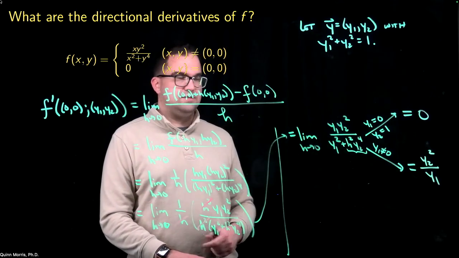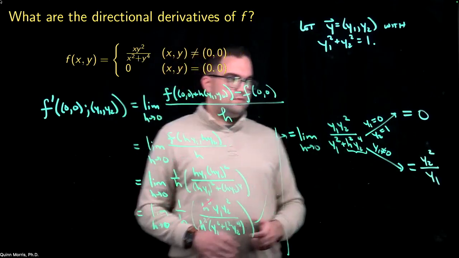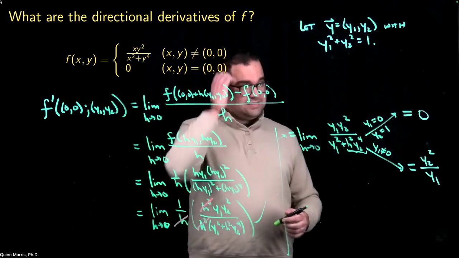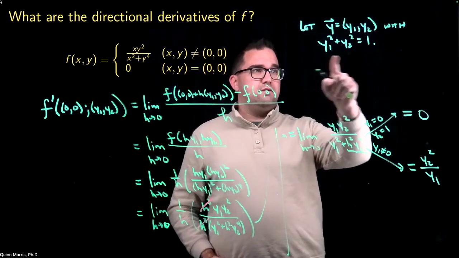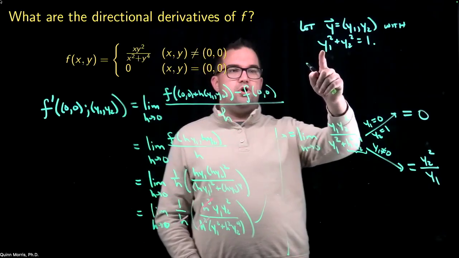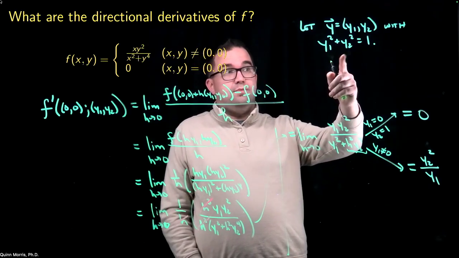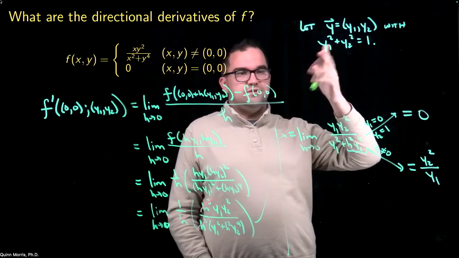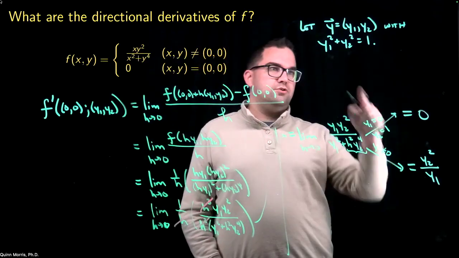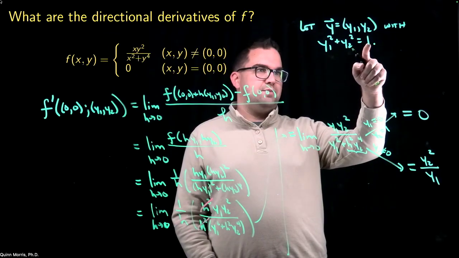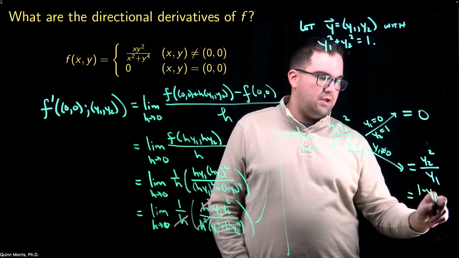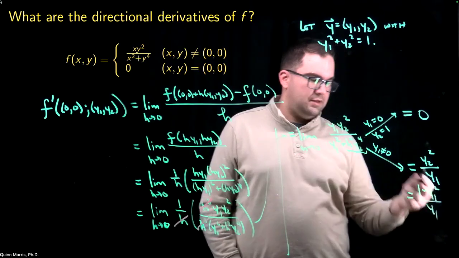A factor of y1 cancels from the numerator and denominator. In fact, I can simplify this a little bit more using this identity here. As soon as you know y1 for this vector, you know y2, well, you have two choices for y2, I should say. But you can use the fact that y2 squared has to be 1 minus y1 squared. So this is 1 minus y1 squared divided by y1.